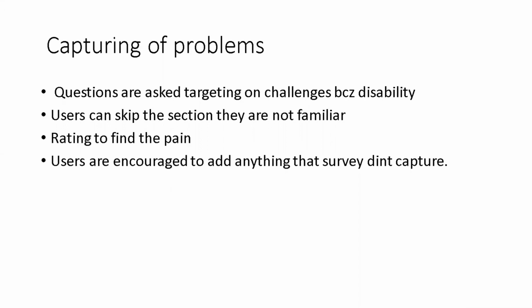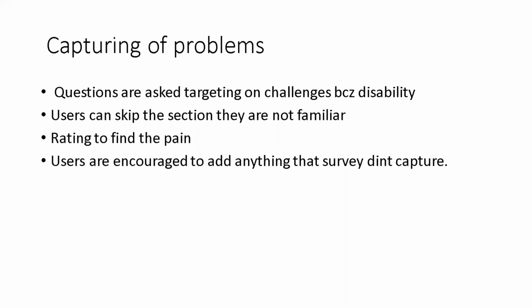Say, for example, the first section is of course the personal information, like the disability that they have. In the second section, we started with people who use screen readers, or people who have blindness fundamentally.